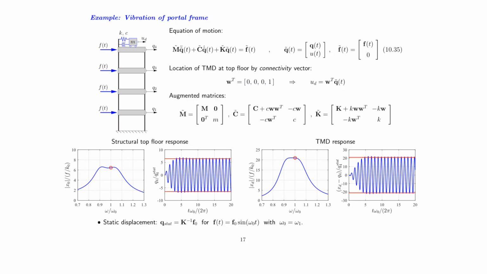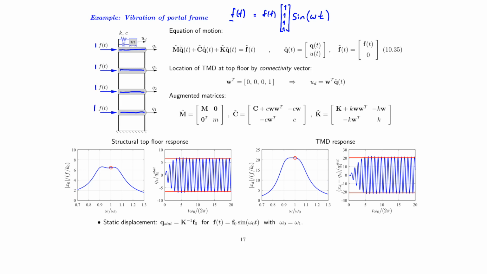Let's have a look at a fairly simple example. We take our 4-story portal frame structure that we also considered in our modal analysis, and we then apply a force given by these F values here that is identical for each floor. So our force vector as a function of time is F(t), then we have 1, 1, 1, and 1, and we assume a harmonic force, omega t.